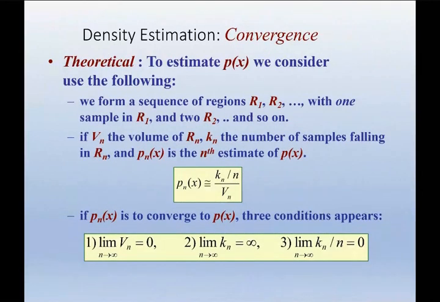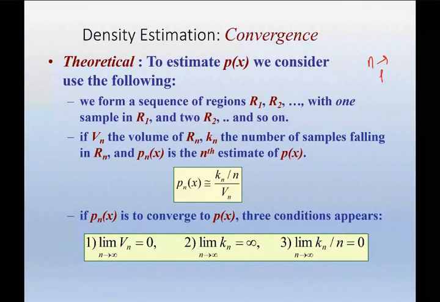So theoretically, what we can do is take some small region R1, and form a sequence of regions R1, R2, and so on, with one sample in R1, two samples in R2, three samples in R3, and so on, then n samples in Rn.